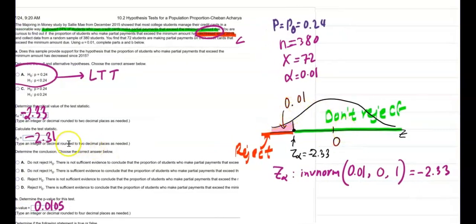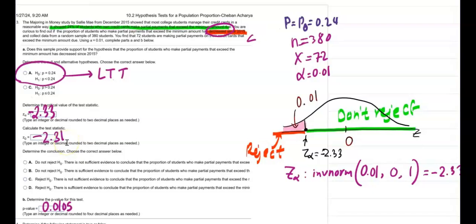Now let's look for the test statistic. Let's see where it is. Is it in the rejection region or the do not reject region? The test statistic is negative 2.31. So negative 2.31 is here, very close to negative 2.33 on the right.